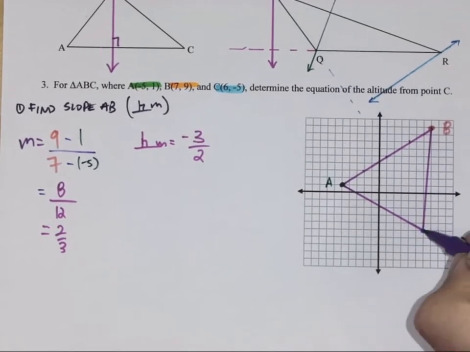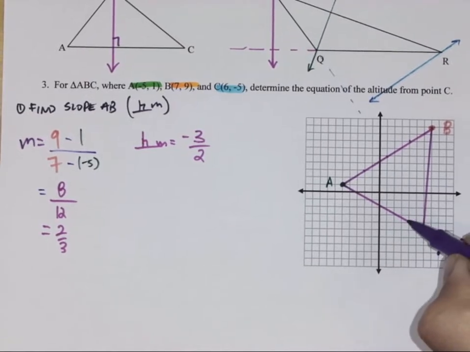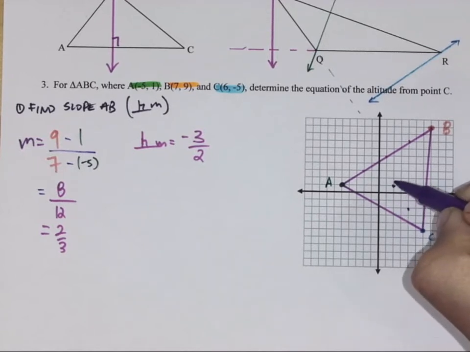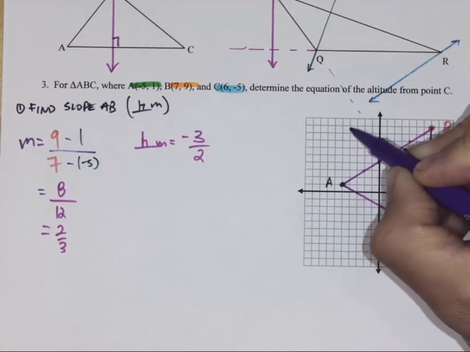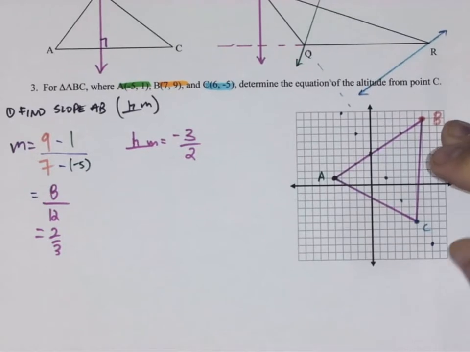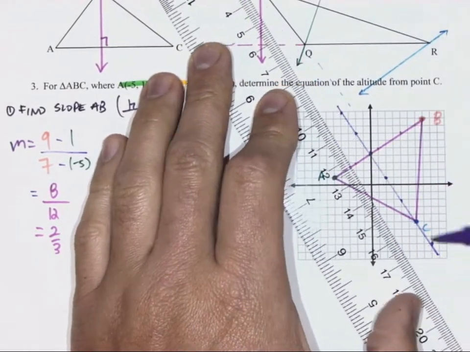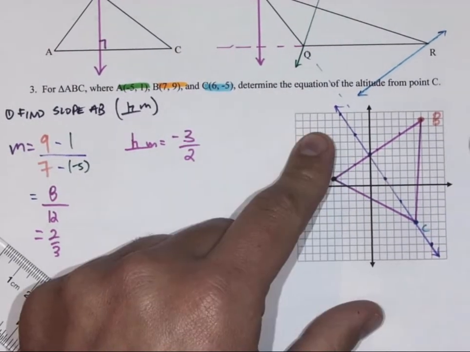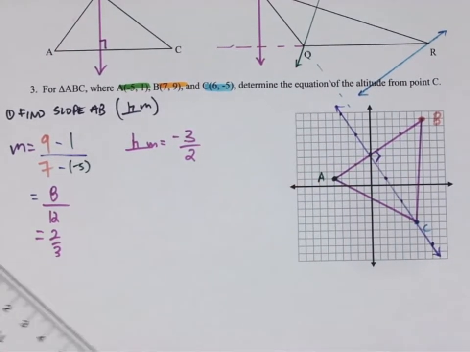We really can take that slope from here, down 3, over 2, and we can draw our lines, or connect the dots, and use that slope to draw those points. There's my straight line. There is the actual altitude from C, crosses at 90. I can see clearly a y-intercept, but again, this is just to support my math, so let's do the math.